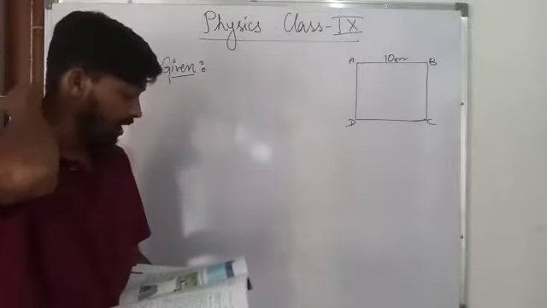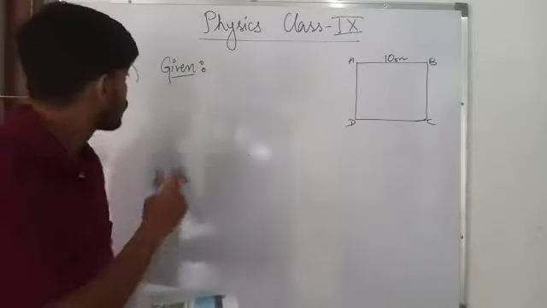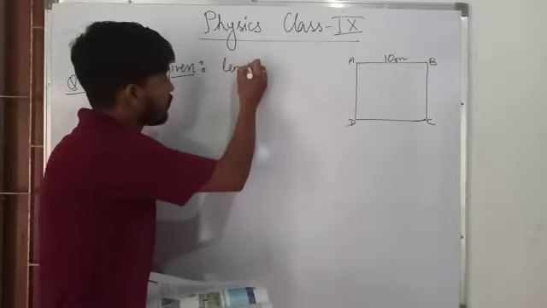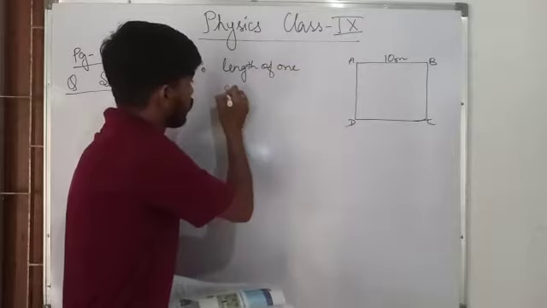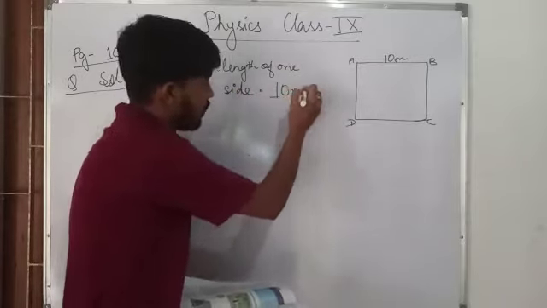So the farmer is moving along the boundary. So the length of one side is 10 meter.